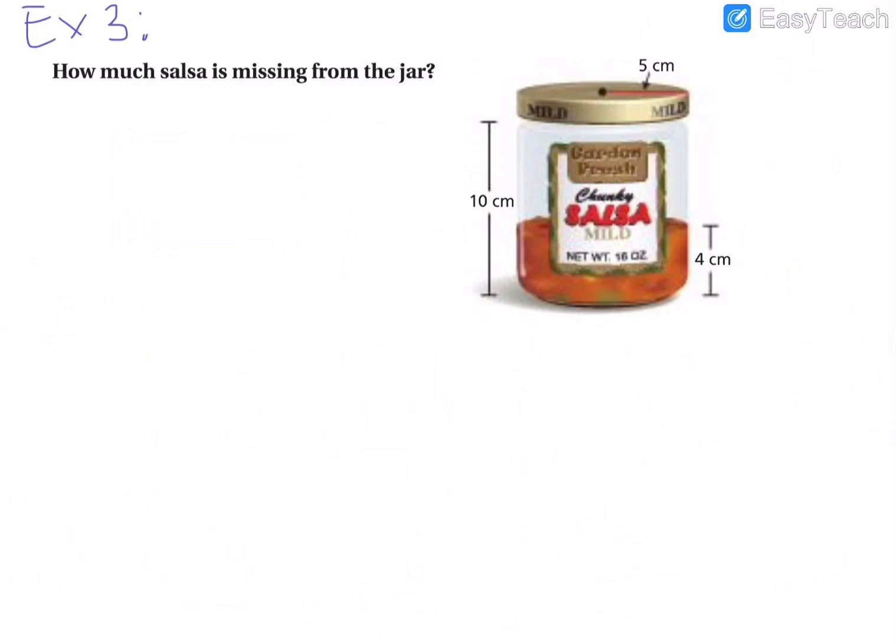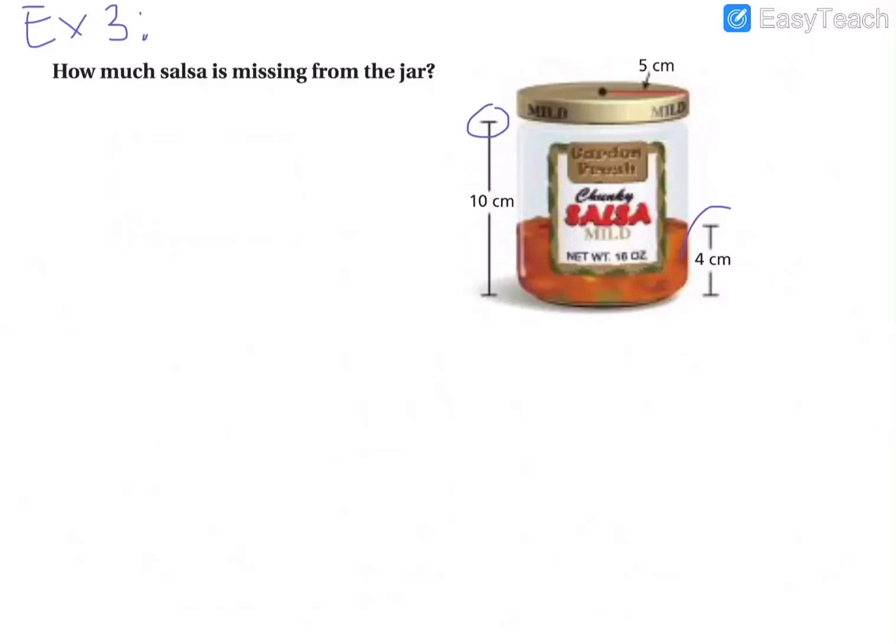Okay, example 3 is slightly different because this time we have a jar of salsa and some of it is missing from the jar. So we see that the height of the jar, and this is actually not the height of the entire jar, as you can see it stops here. So it's actually just the height of the amount of space that we have. It doesn't include the top of the jar.